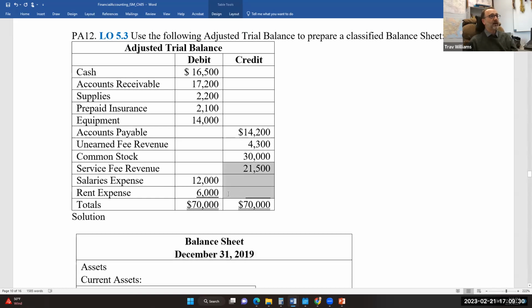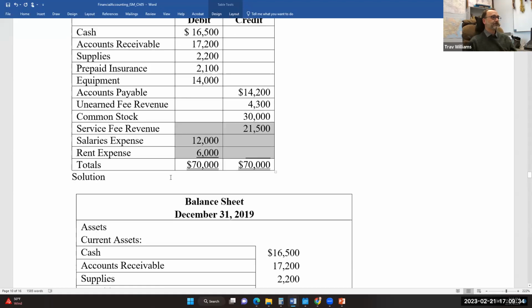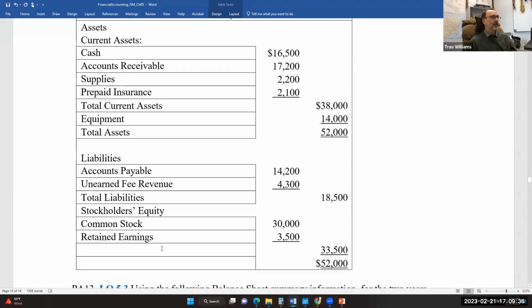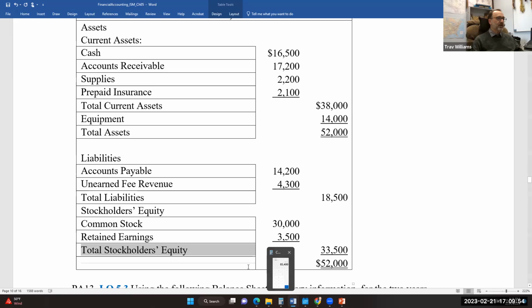So we had to figure out what the ending retained earnings would be. Okay, and that means that this number of 33,500 is our total stockholders' equity, right? Because this section was stockholders' equity, and this is total stockholders' equity.